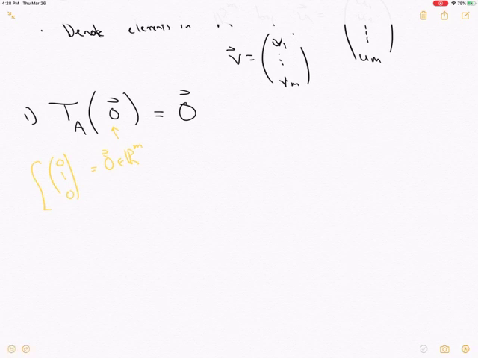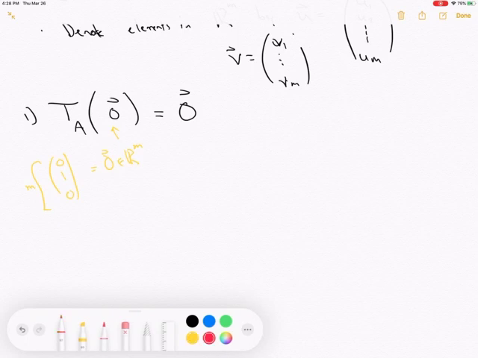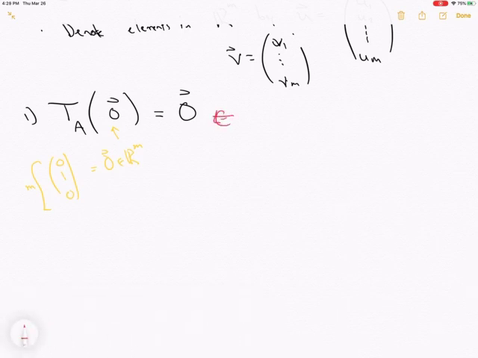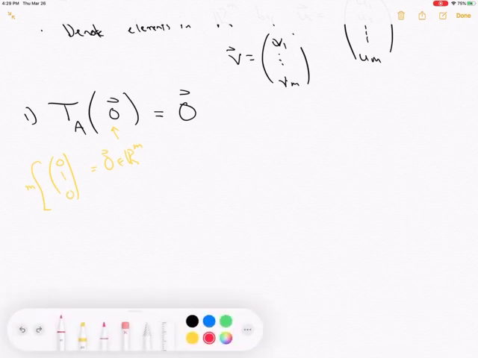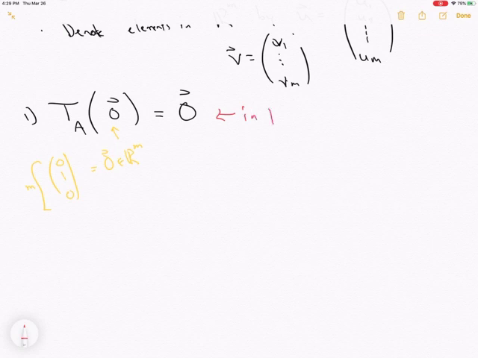And the output 0 vector is n-dimensional, this is in Rn. It's a bunch of zeros, but now there are n of them, okay? And that is just immediate, because that's how matrix multiplication works.